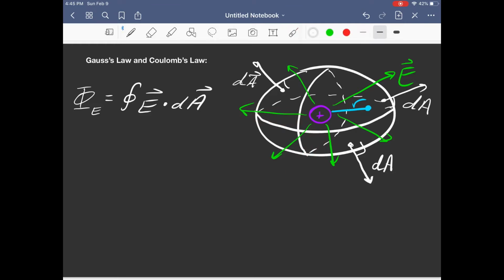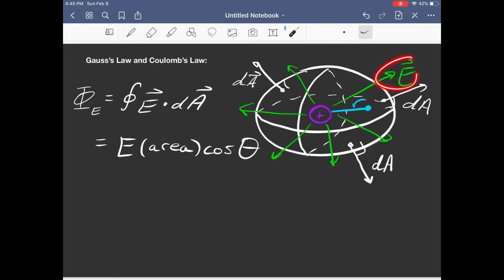To solve this integral, we simply get the magnitude of the electric field times the area of our Gaussian surface times the cosine of theta. And here theta is the angle between our electric field vector and our area vector.